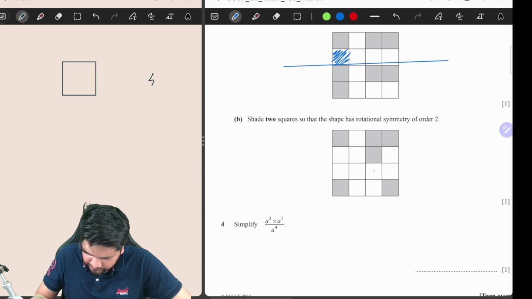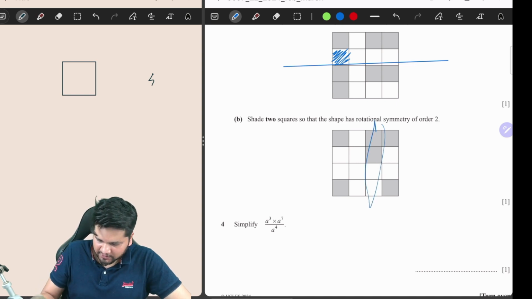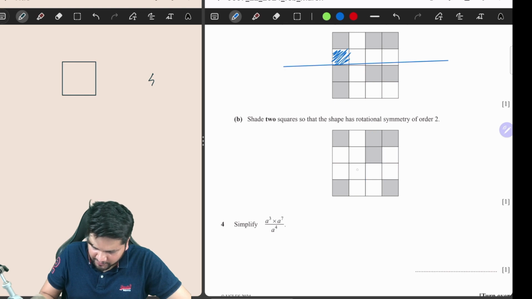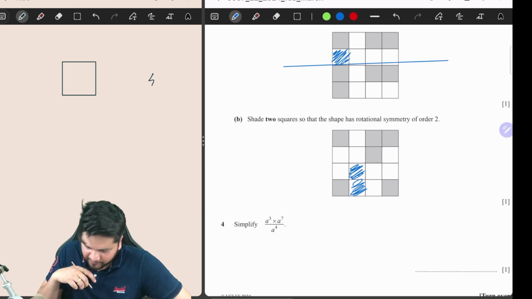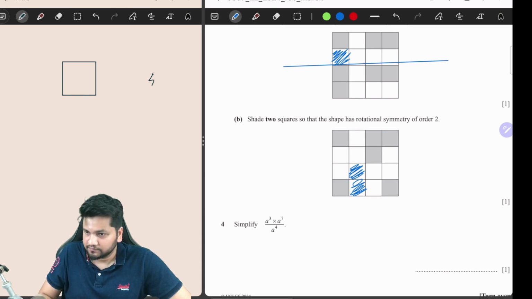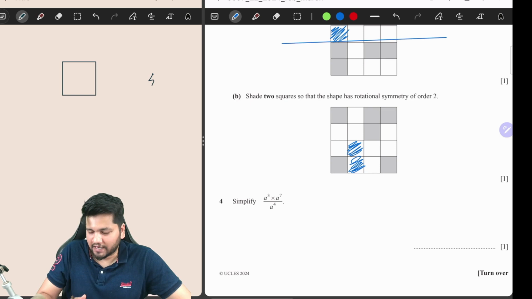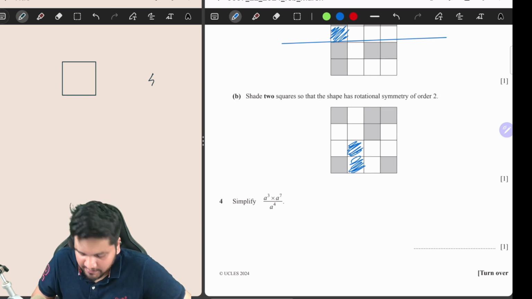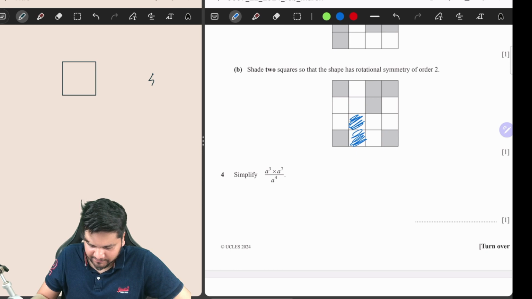So I think this one and this one, no, I don't think rotational symmetry will be there, because if I rotate it, then this particular shape will again get repeated. So just to make it symmetrical, I think this and this will be valid. Yeah, this makes sense, because if I rotate it 180 degrees, that's the only time the shape will repeat, because this side will come to that side while that side will come to this side. So just try 2-3 shapes, 2-3 squares, and you will get the answer.